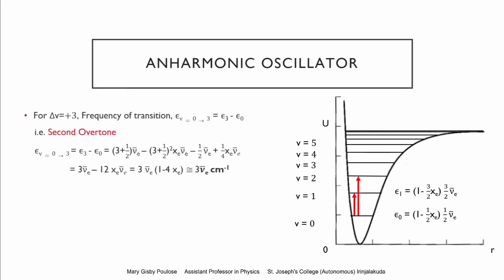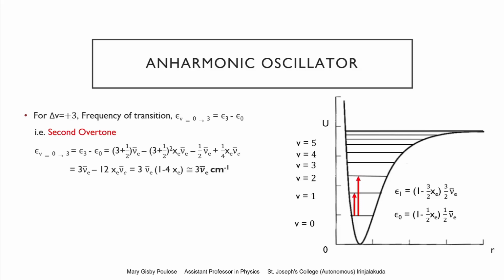Now, for delta V is equal to 3, the frequency of transition is for eta V is equal to 0 to 3, and it is obtained as eta 3 minus eta 0. This represents the second overtone line in the spectrum, and it can be calculated as eta 3 minus eta 0 is equal to 3 plus half nu E bar minus 3 plus half whole square Xe nu E bar minus half nu E bar plus 1 by 4 Xe nu E bar.